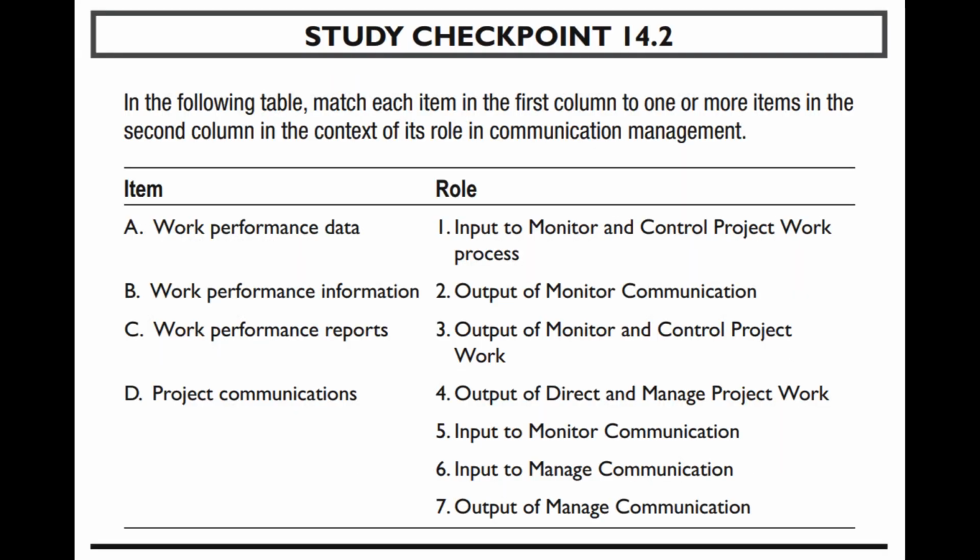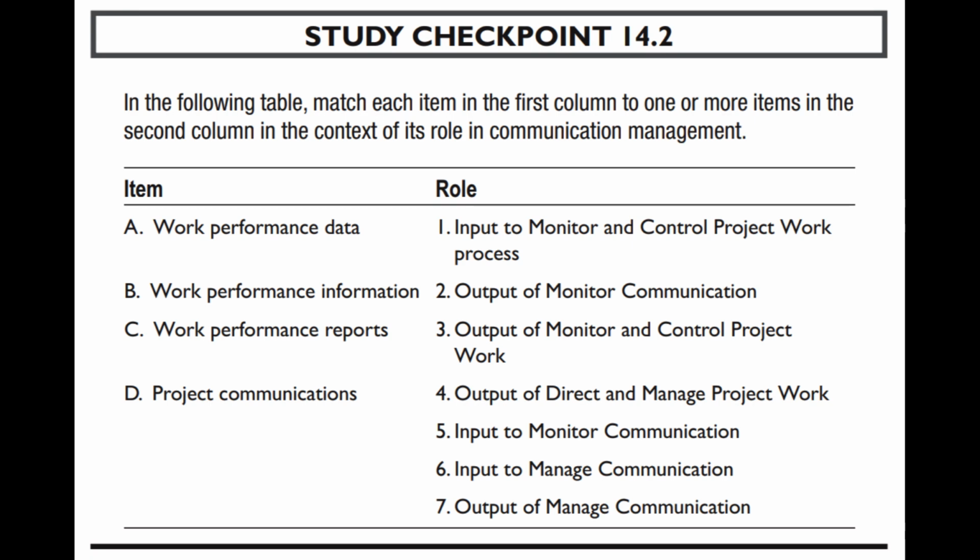Study checkpoint 14.2. In the following table, match each item in the first column to one or more items in the second column in the context of its role in communication management. Item role. A. Work performance data. 1. Input to monitor and control project work process. B. Work performance information. 2.